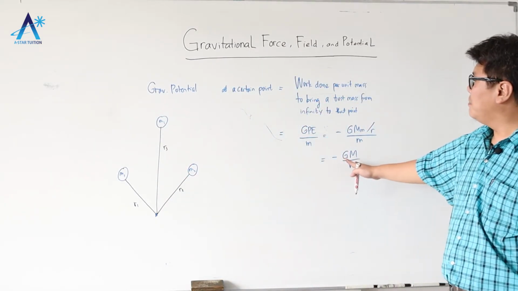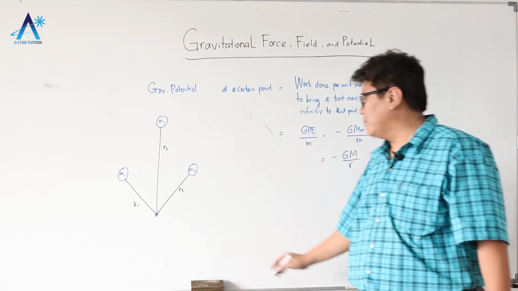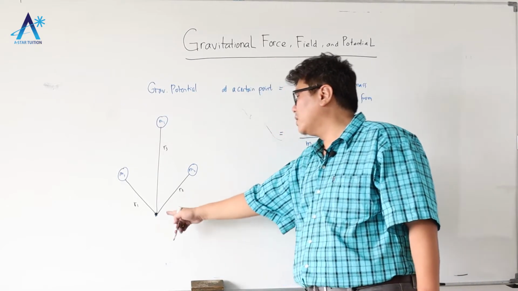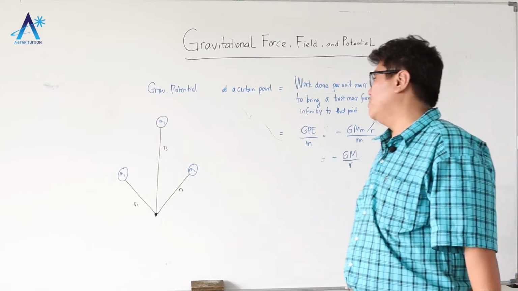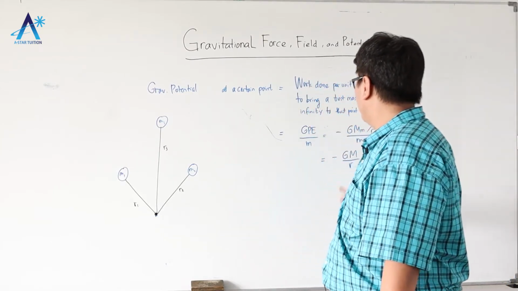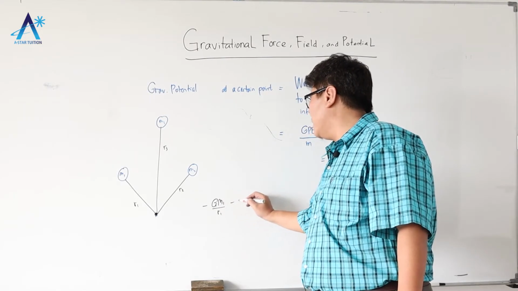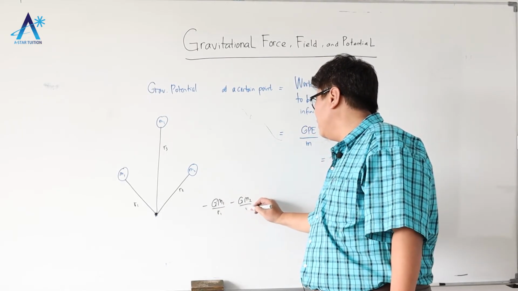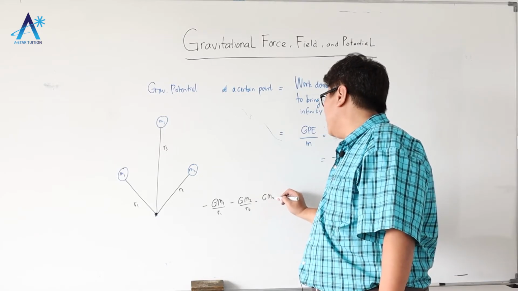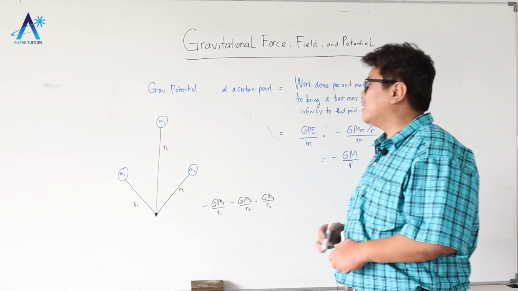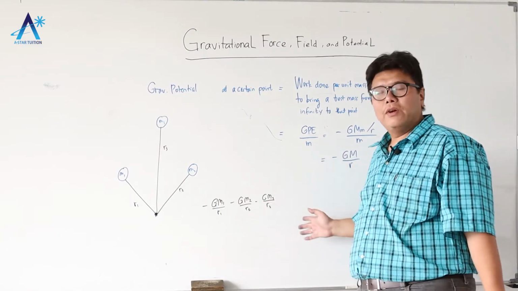Now, this being a scalar, in order to calculate the gravitational potential at this point, all you need to do is simply use this formula: minus GM1 over r1, minus GM2 over r2, minus GM3 over r3, and then just add them algebraically like that.